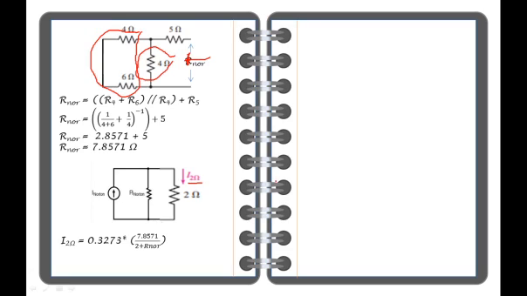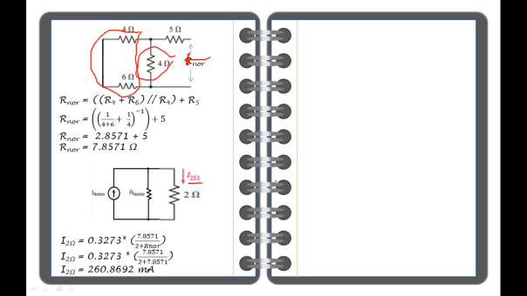To know the current division theorem, you may click the link below to watch my video about it. The current that passes through the 2 ohm resistor is equal to 260.8691 milliamp.